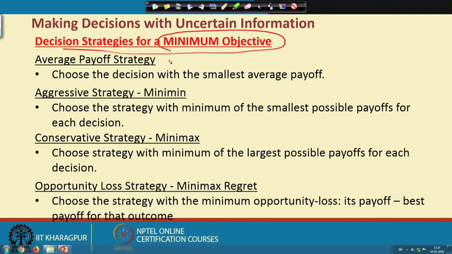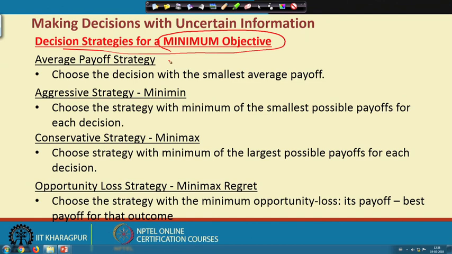Then the third one is the conservative strategy, where we can use the minimax principle. That means first we find the maximum of all possible outcomes, then we choose the minimum among the maximum. And the last one is the opportunity loss strategy, where we use minimax regret.